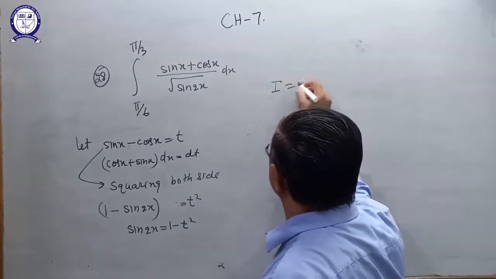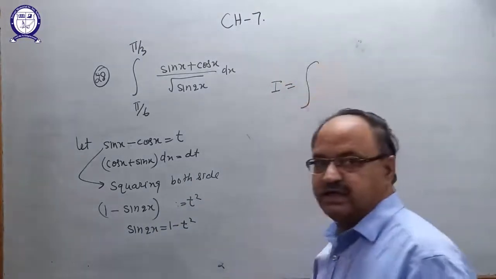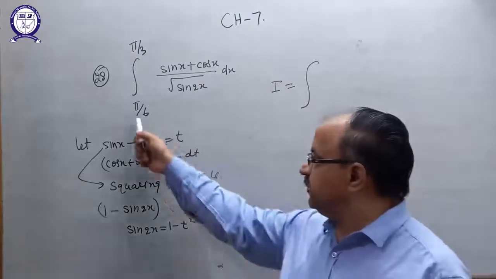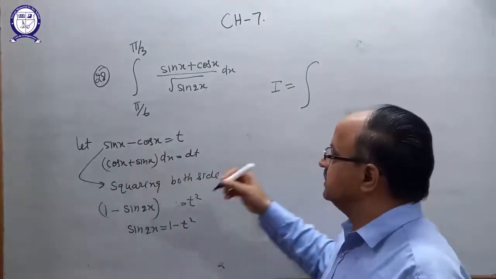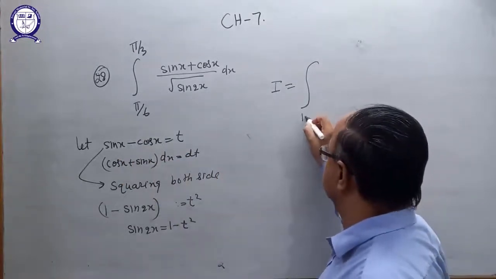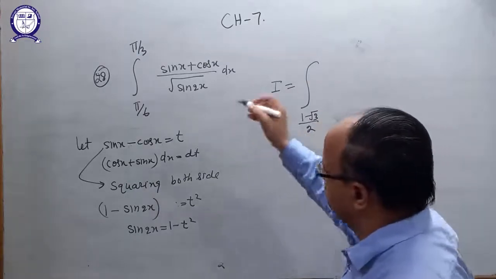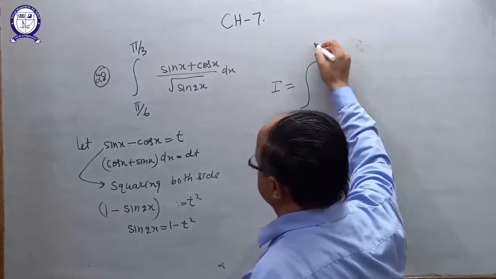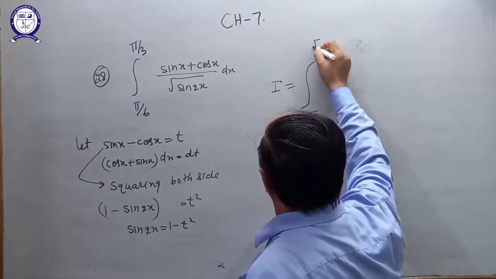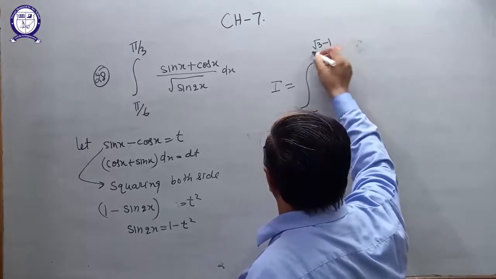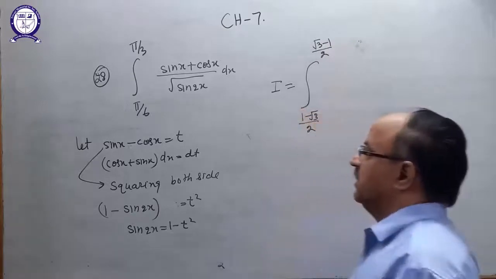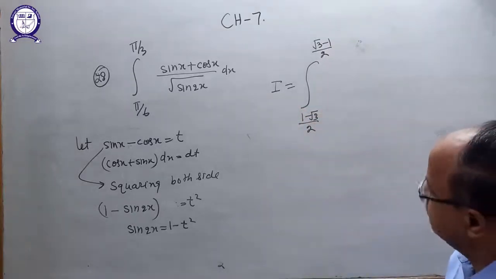I is equal to, and change the limit also. When you put pi by 6, sin 30 is 1 by 2, and put pi by 3, that is sin 60, root 3 by 2. Clear? And cos 60 is 1 by 2.